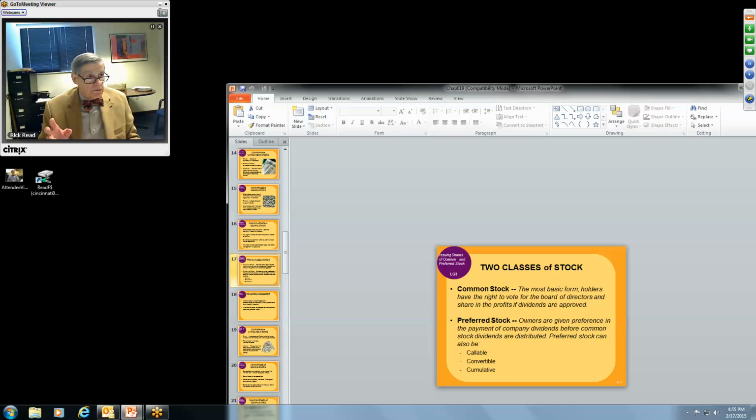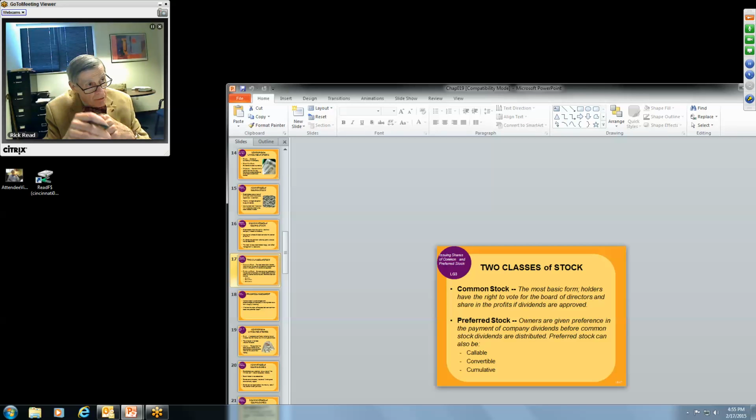Two classes of stock, common and preferred. Most people are common stockholders. They get to vote for the board of directors and some other provisions that are in the annual report, and get a share in profits if a dividend is declared.